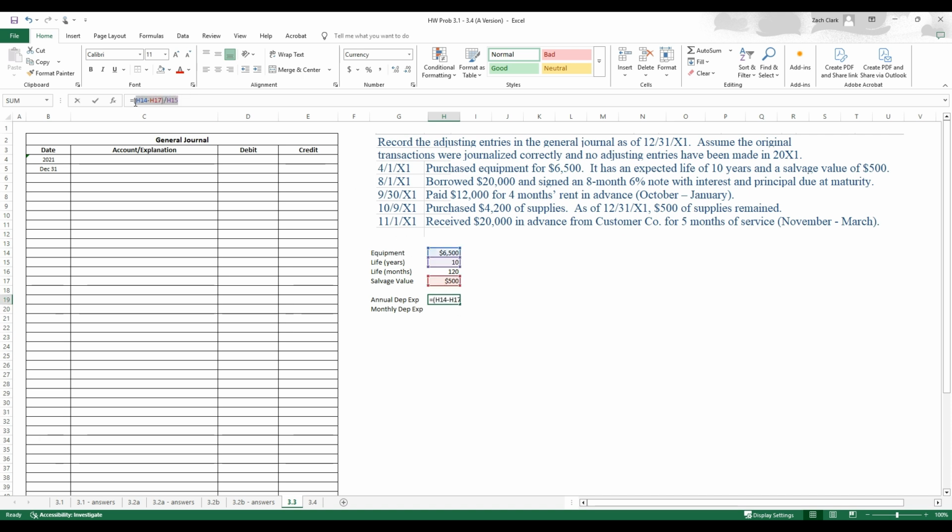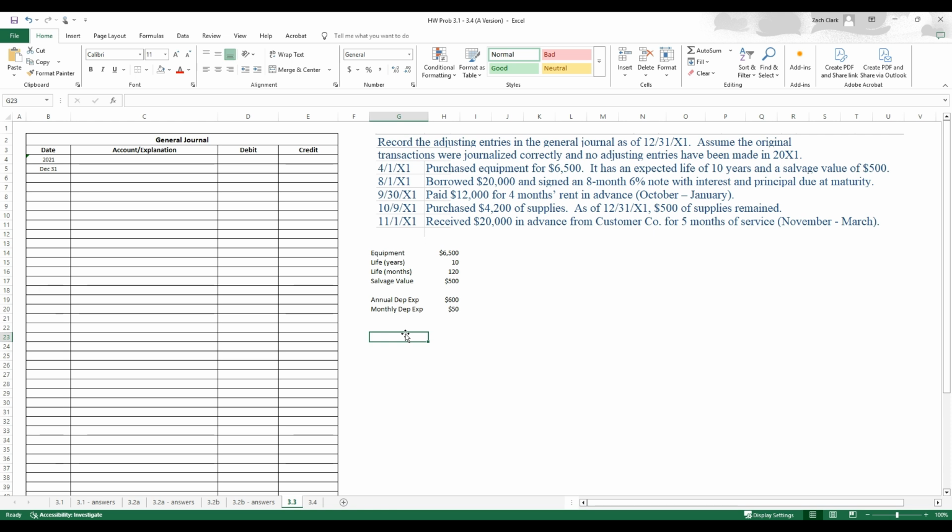Then we can copy this formula and paste that same formula in, again dividing by the life in months, and that'll give us $50 of depreciation expense per month. Okay, awesome. I think that's all we really need there.